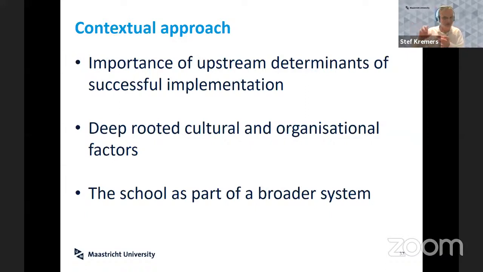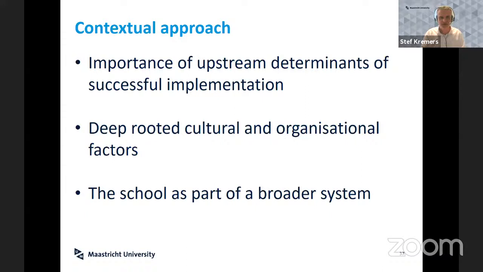So not only the tips and tricks that you can do as an advisor of school health promotion, but also taking into account, for example, deep-rooted cultural factors, deep-rooted organizational factors that are present at a particular school. And then you need to do different things, and sometimes more intense things, than just handing over a couple of tips and tricks for schools, because that doesn't work in most cases, we know.